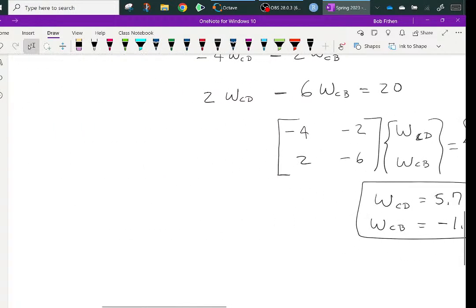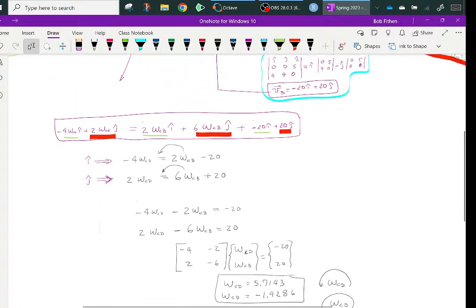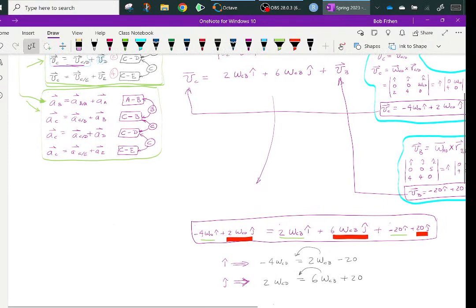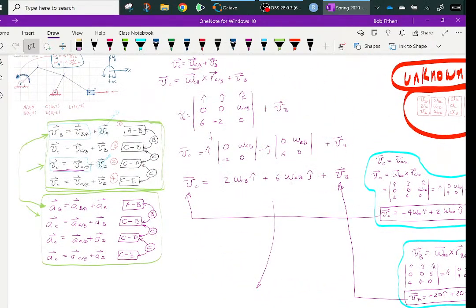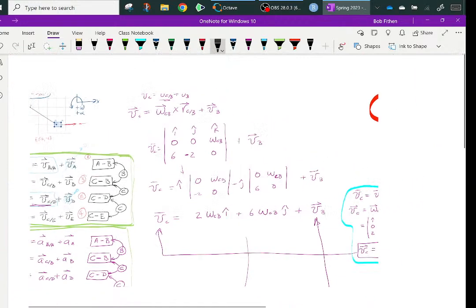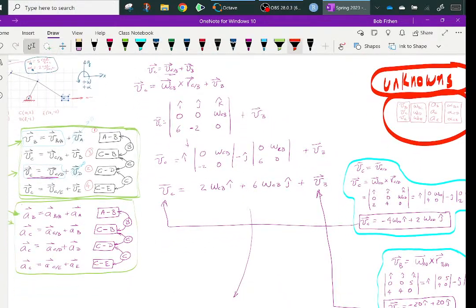Now there's one last equation. And this has kind of gotten itself out of control. Okay, so the last one is C and E. Now, what I really should do, let me do this, because I'm probably going to use these.